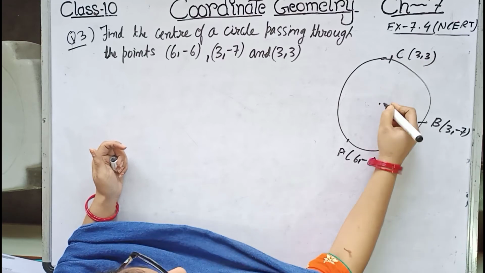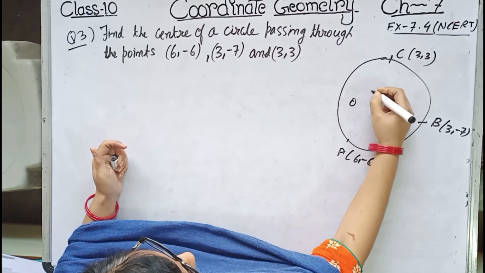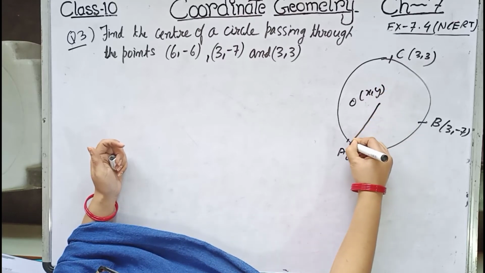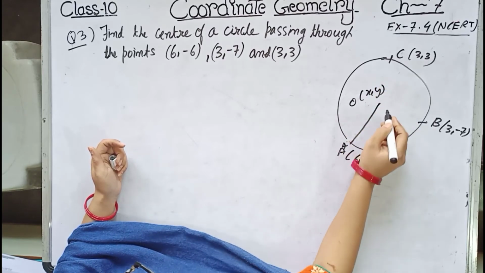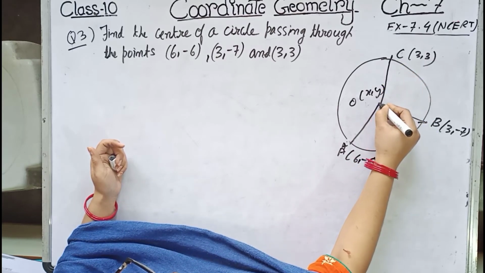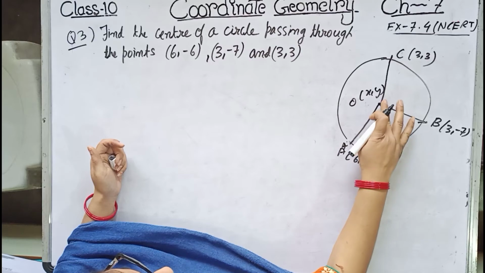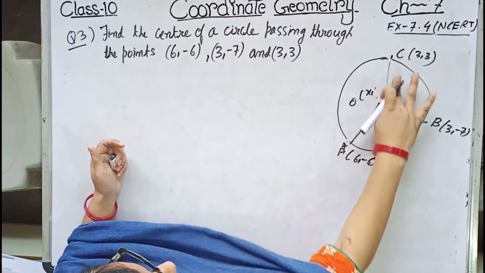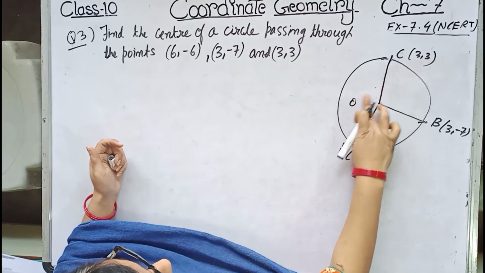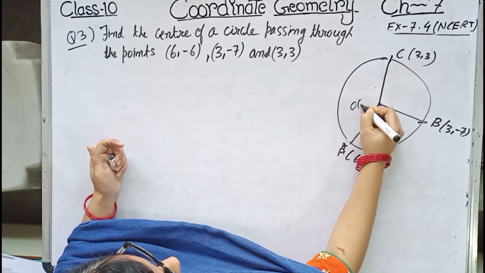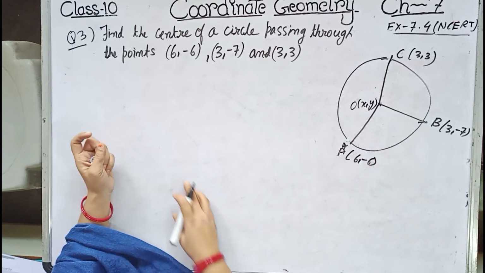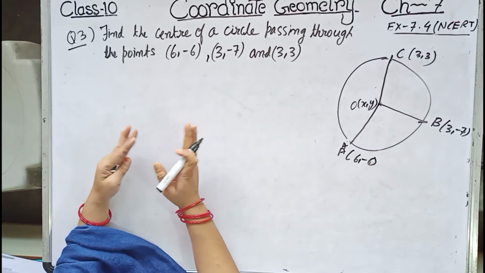Now if I consider O as the center, let us suppose the coordinate of the center is (x, y). The question is to find the center of the circle.